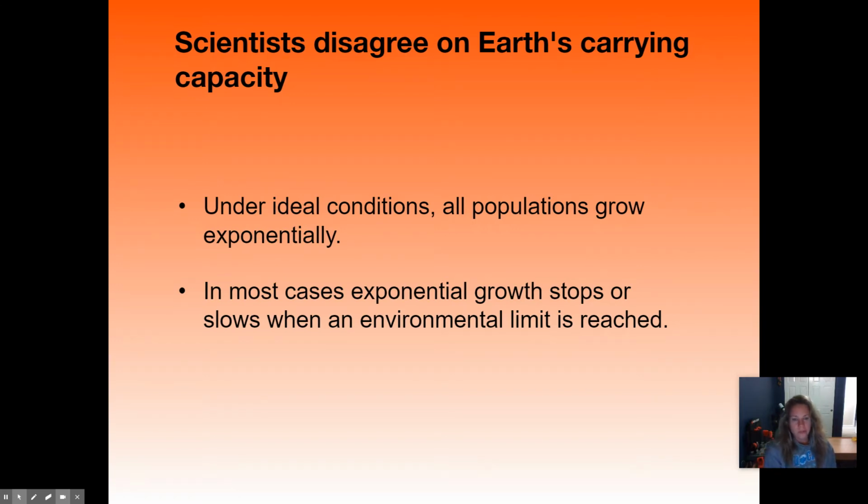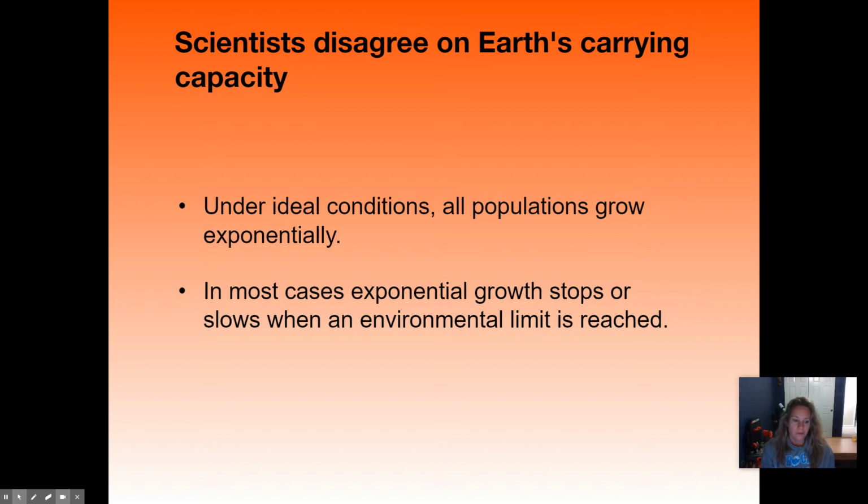Some scientists feel that we've reached our carrying capacity now at a little over 7 billion. Some scientists think that our carrying capacity may be more like 10 billion. But it really comes down to how well at this point we use our resources. If we are better adapted at growing things, maybe less wasteful, then our carrying capacity is much higher.